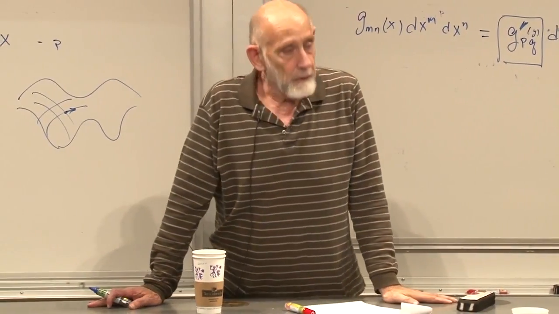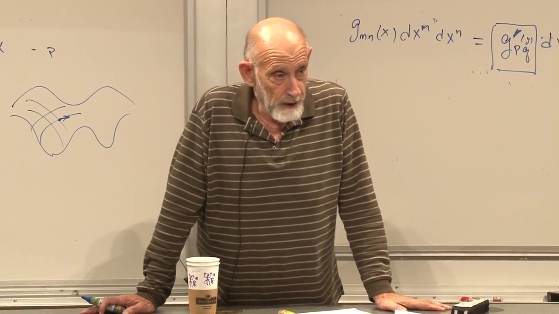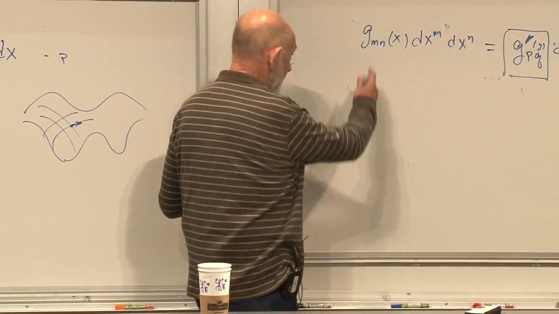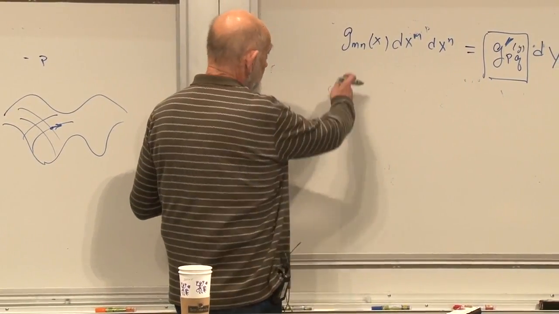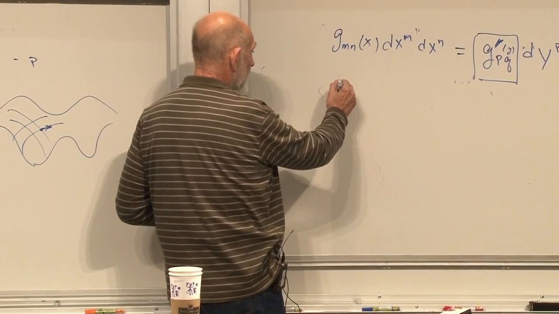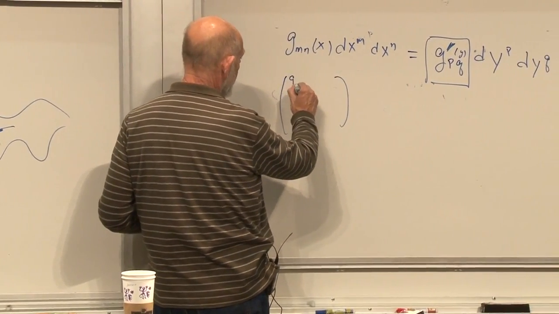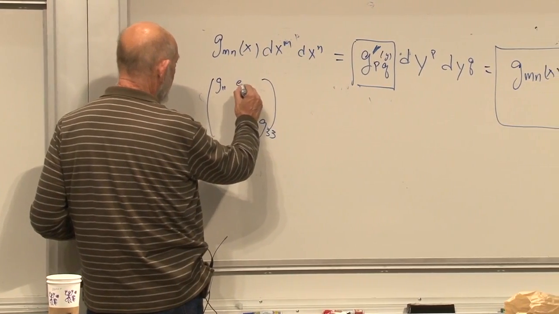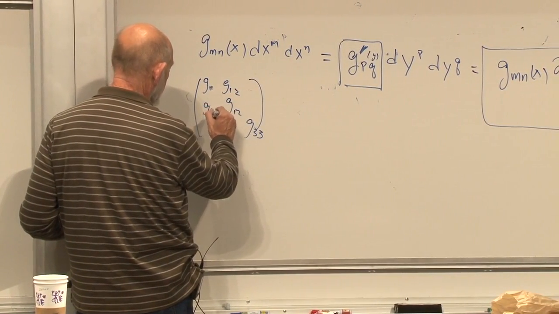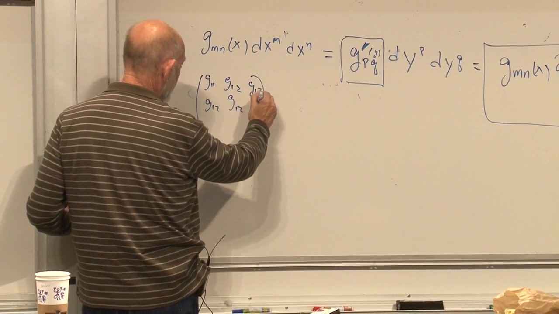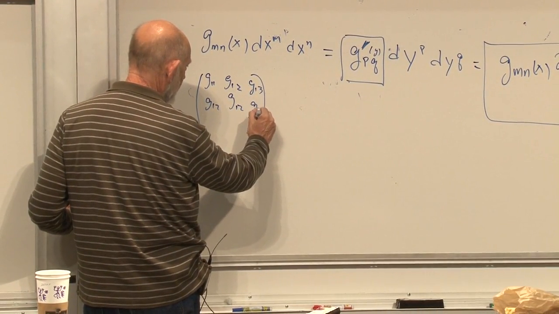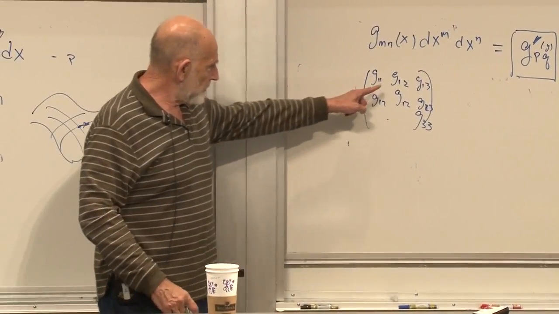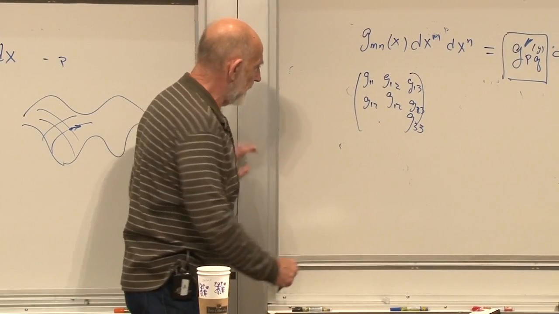Okay. Now, the metric tensor is also just a matrix. It's a matrix with mn indices. This is just a matrix, G_mn. G11, I'll write it in, for three-dimensional space, G22, G33, G12, G12, G13, G23, and furthermore, it's a symmetric matrix.